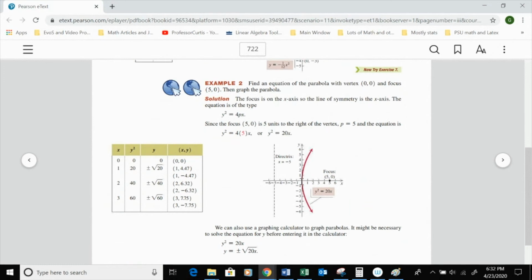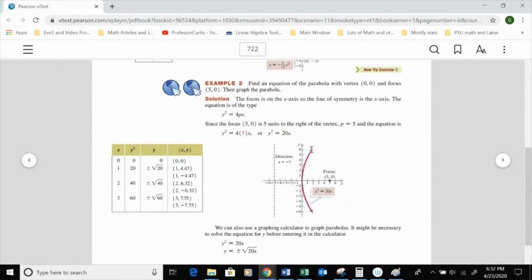There's the origin. And I say, well, wait, if the vertex is this far from the focus, it has to be the same distance to the directrix. So if the focus is at 5, 0, then the directrix has to be the line x equals negative 5. And that makes me realize, oh, this isn't a y equals x squared.